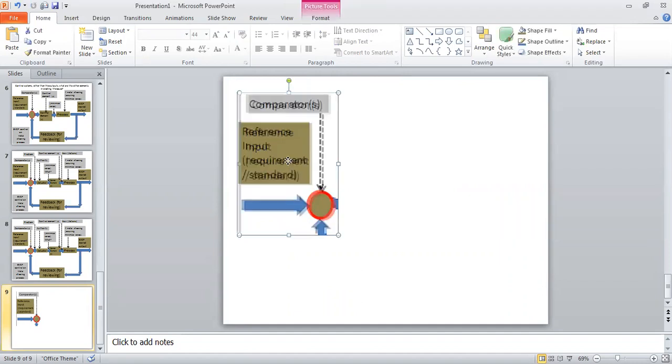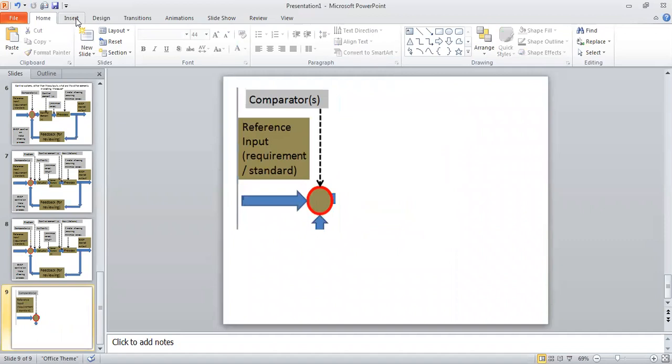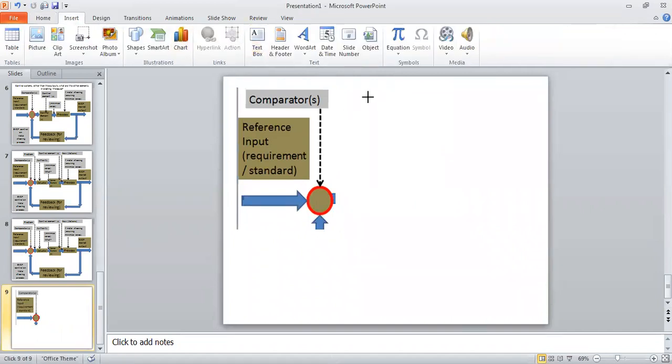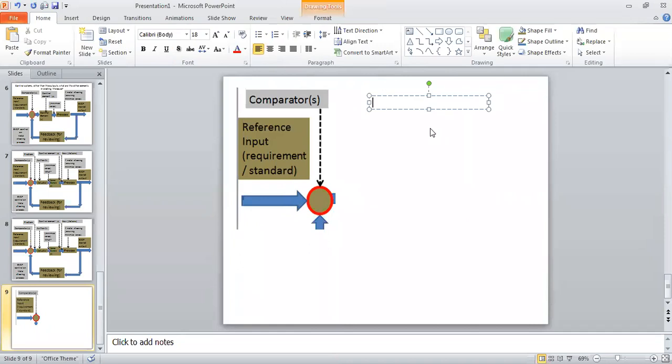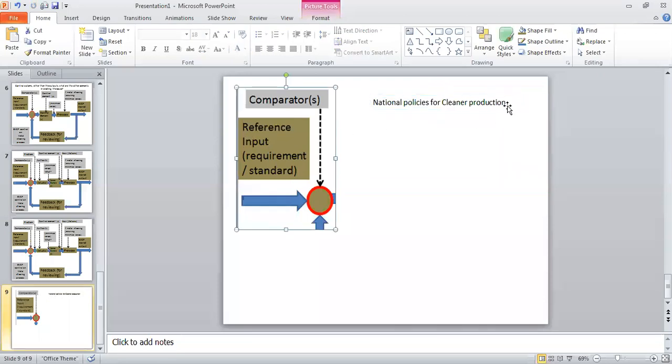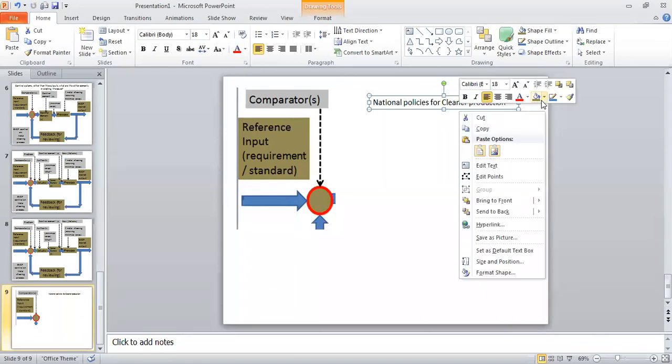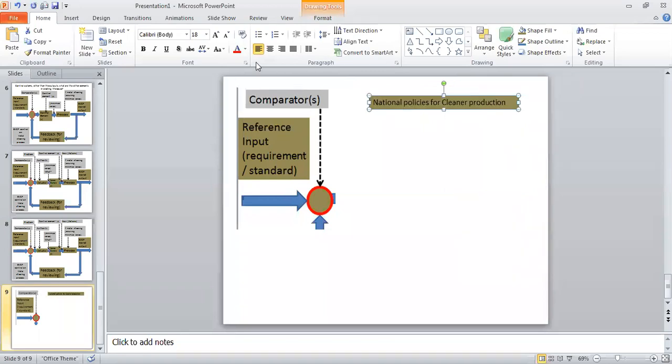Okay, we will take this. So under this, you can learn, for example, there are national policies for cleaner production. So those are like something here. So we are learning these national policies for cleaner production.